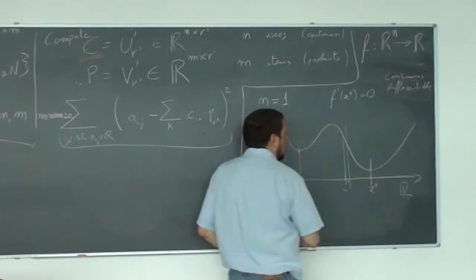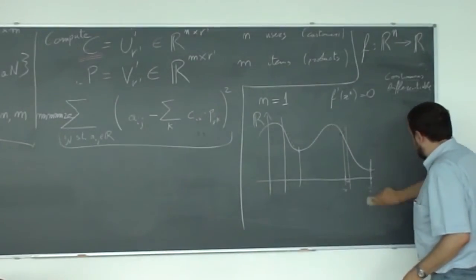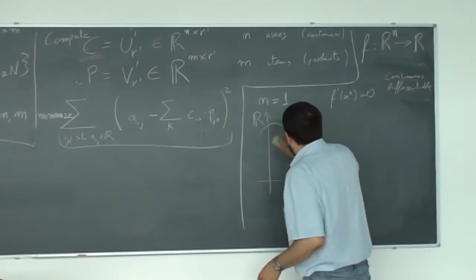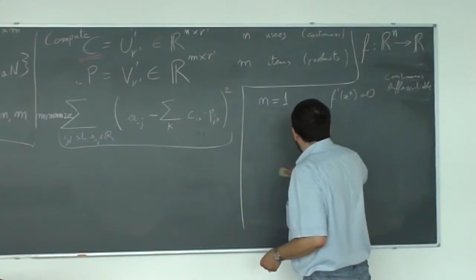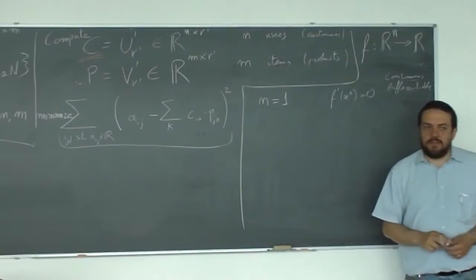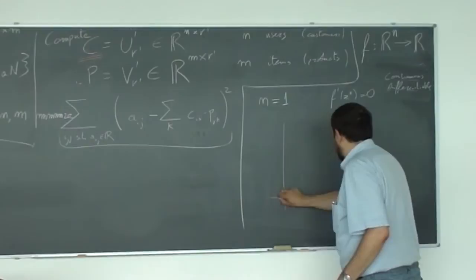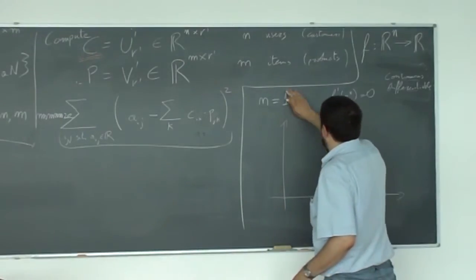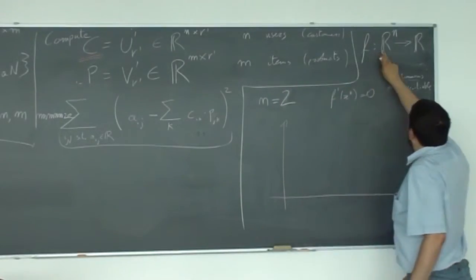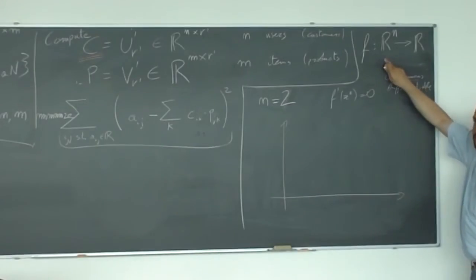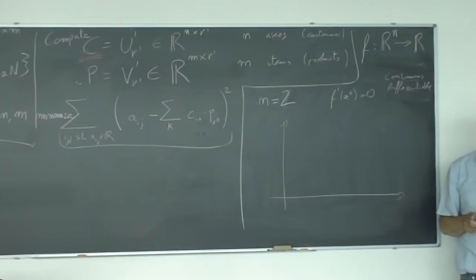This also happens in more than one dimension. It's simply more difficult to describe and to draw. One possibility is this. Suppose that n is equal to 2, so you have a real valued function of 2 variables.